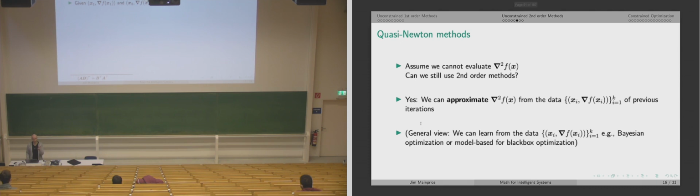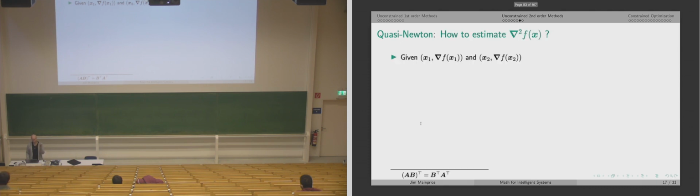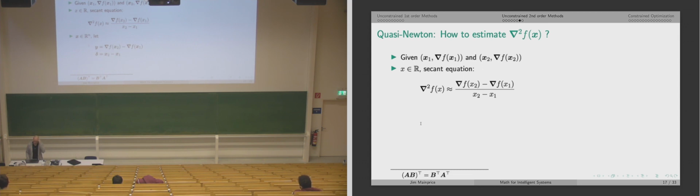So if you are given two of these points, like x and the gradient of f at x for two points, for x1 and x2, you can approximate it with a second order type of equation. And so if I pose that y is the gradient at x2 minus the gradient at x1, you suppose that x1 and x2 are close. That's the idea. Or they are neighboring points.